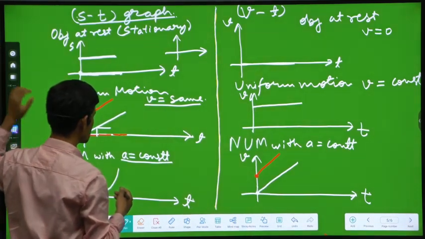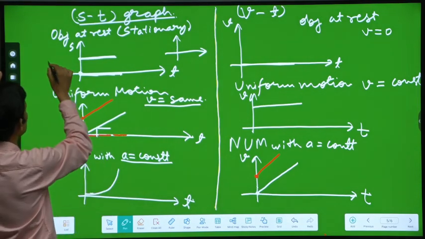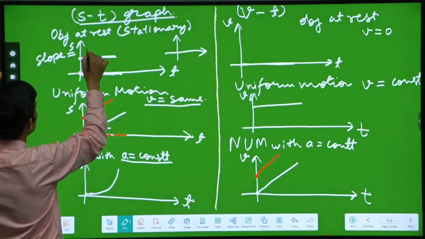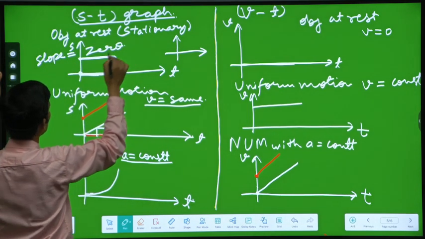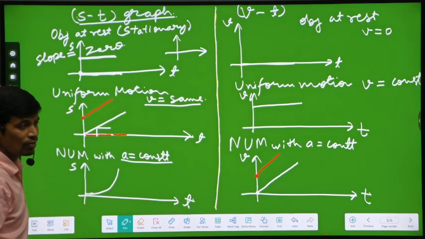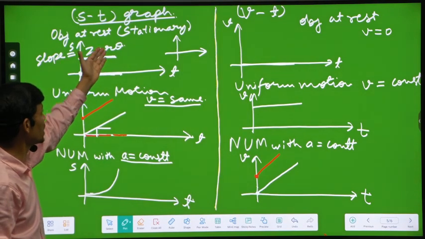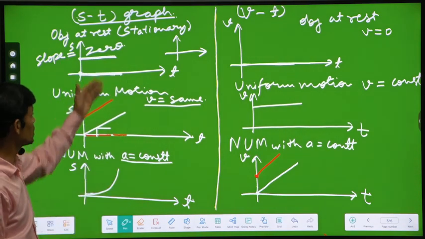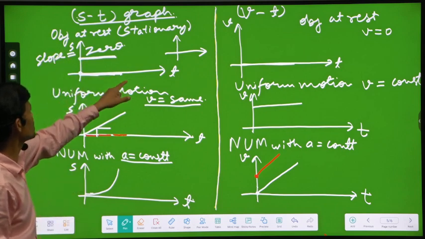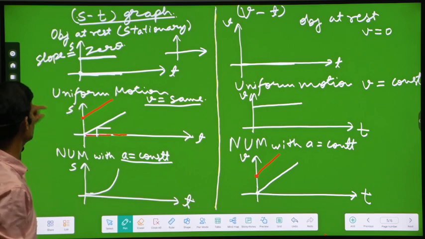It has no slope, it has zero slope. For an ST graph, slope is velocity. Obviously its velocity is 0, it is at rest. So the slope of the ST graph is 0, velocity is 0.